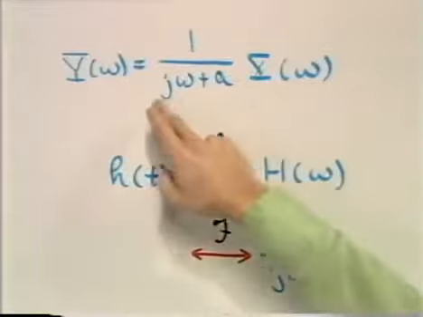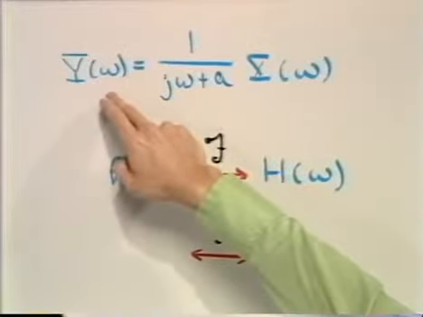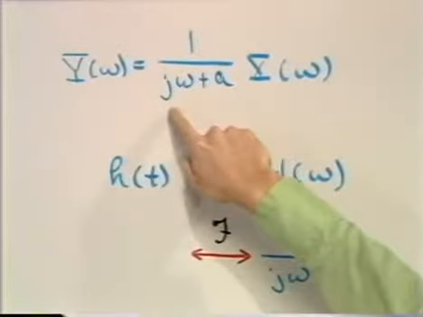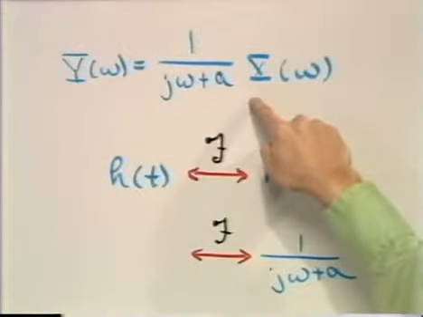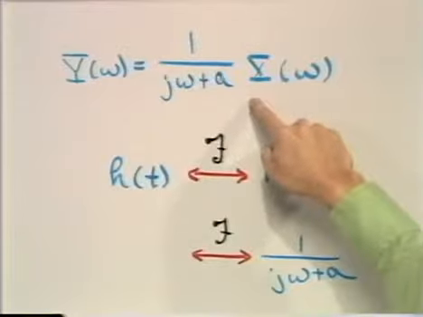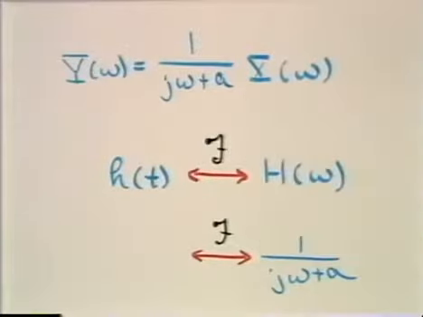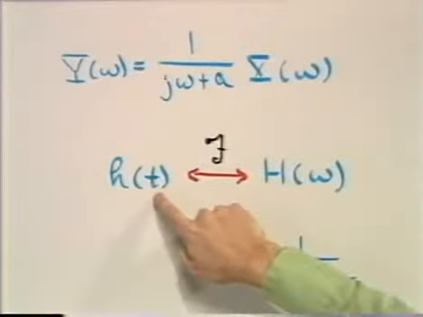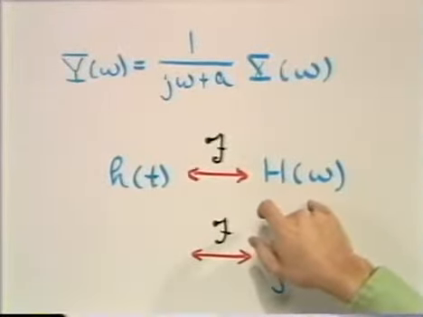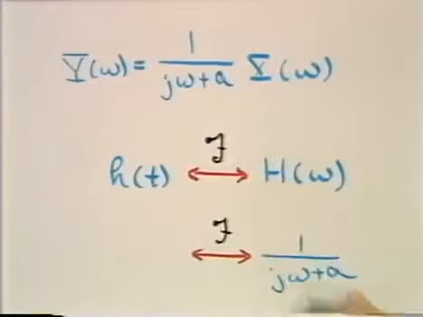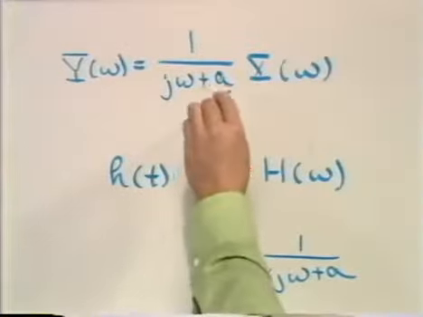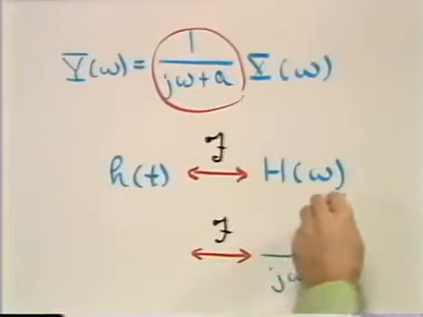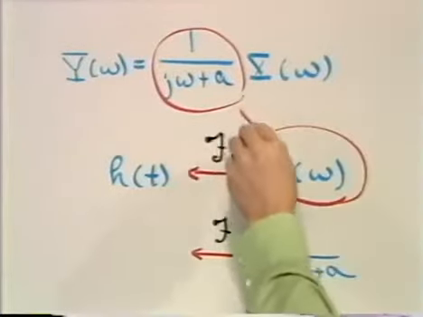Well, we know that the Fourier transform of the output is the Fourier transform of the input times the Fourier transform of the impulse response of the system, namely the frequency response. So in fact, if we think of h of t and H of omega as a Fourier transform pair, then it's the convolution property that lets us equate this term with H of omega.